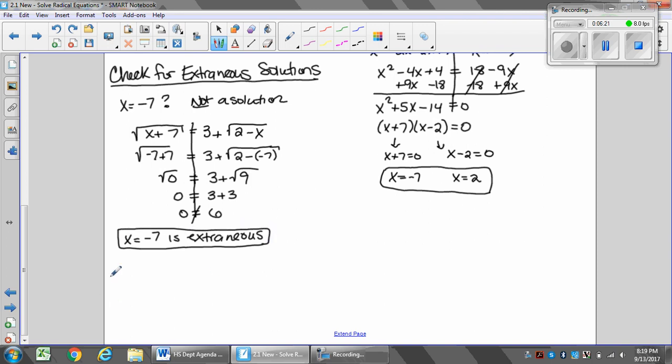But all is not lost. We have another x value to check. And I'll check it here. Let's check x equals 2. Let's rewrite our equation. X plus 7. Okay, plug in 2.